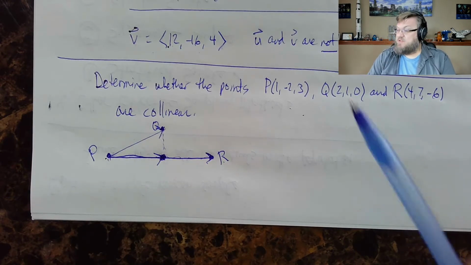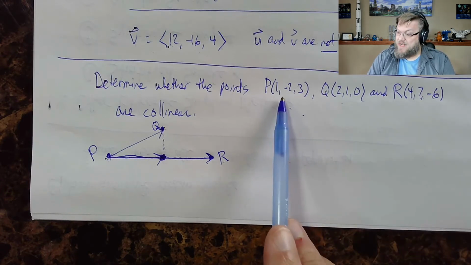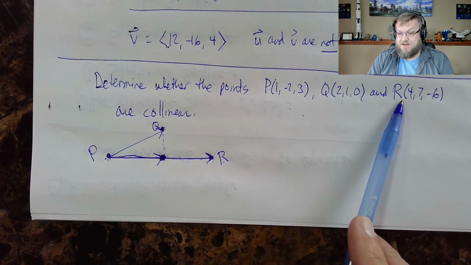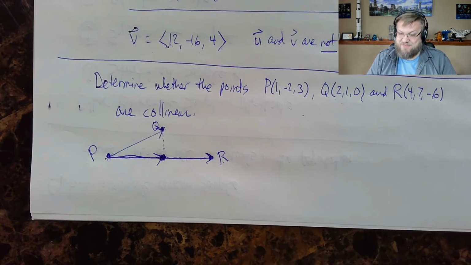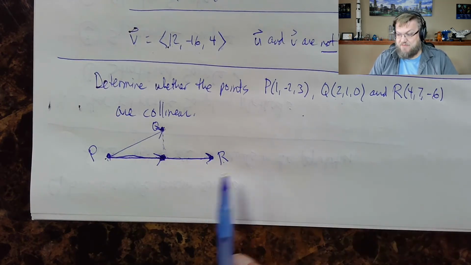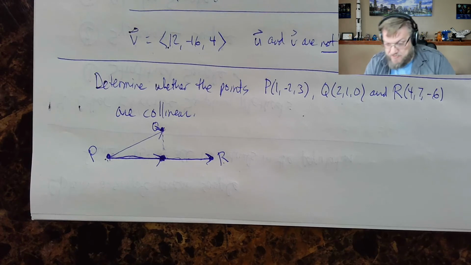So the question of whether these 3 points are collinear can be very easily answered by forming the vector PQ, and forming the vector PR and asking if they are parallel vectors. If they're parallel vectors, the 3 points are collinear. If these are not parallel vectors, then the 3 points are not collinear. Yeah, seem reasonable? Let's go ahead and execute that plan.